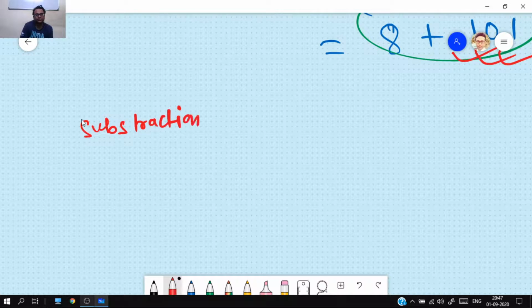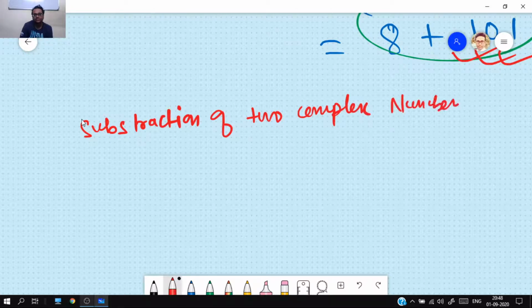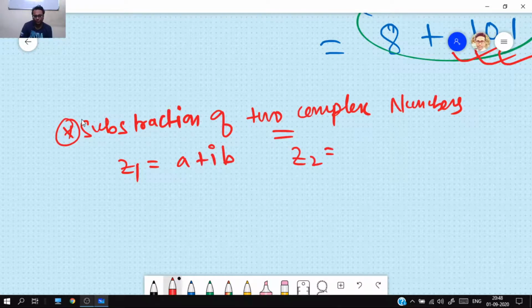Subtraction of two complex numbers. Again, taking a complex number z1 that is a plus ib and z2 that is equal to c plus id.